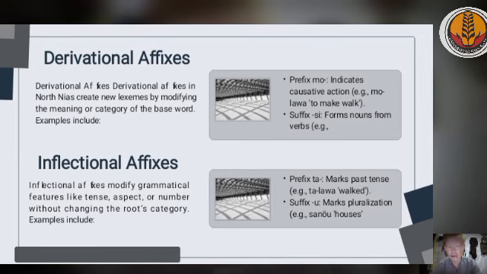This is an example of inflection affixes, which do not change the meaning or category of the word.